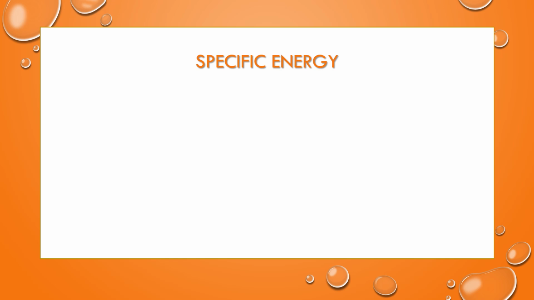One way that we can measure the efficiency of fuels is something called specific energy, and it's the energy released, usually in kilojoules per unit mass. So it's usually kilojoules per gram.